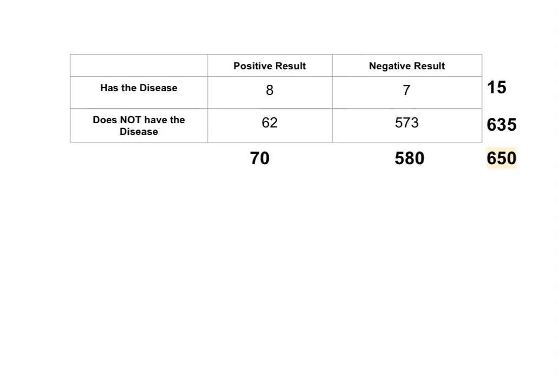Some of them are going to have a result that matches their condition and others that don't. So if we just look and interpret that, those who have the disease, we would expect them to test positive. That would be a true positive result. That's what we call a true positive.